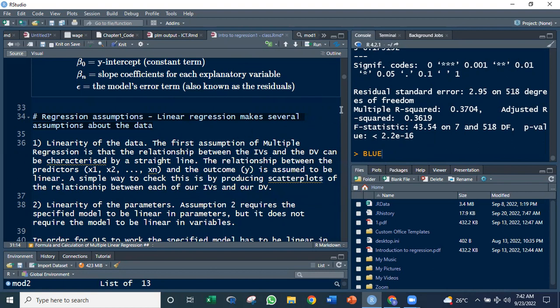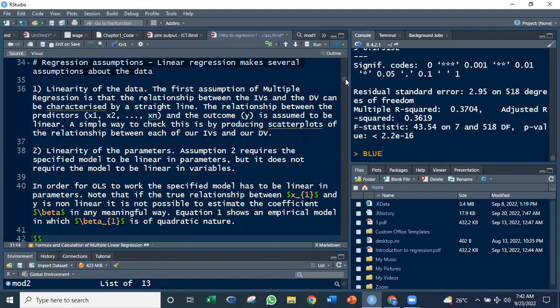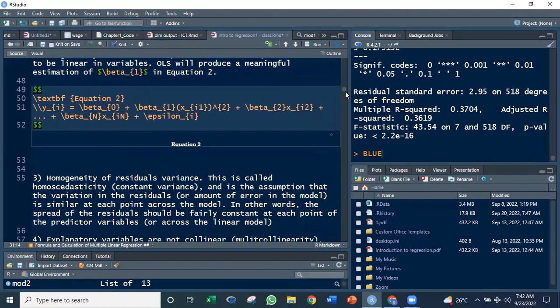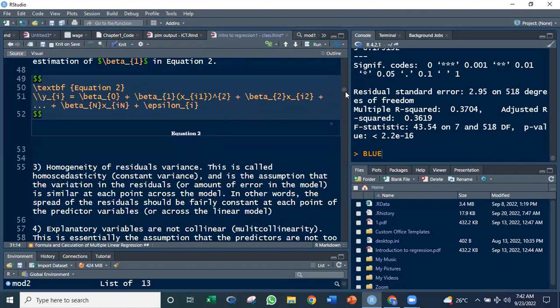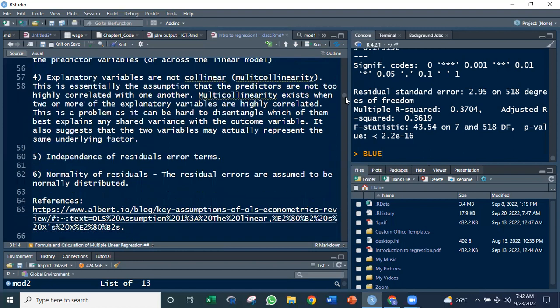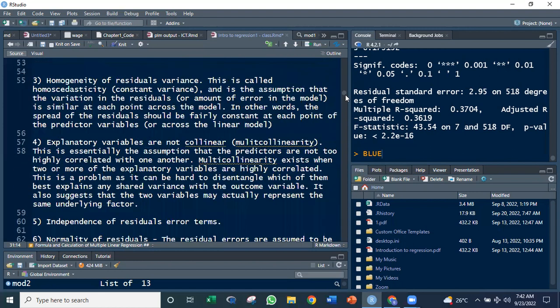So, what are these assumptions? The linearity of the model, the linearity of the parameters. I think we mentioned 6 assumptions. The variance of the error terms, independence of the residuals and normality of the residuals.